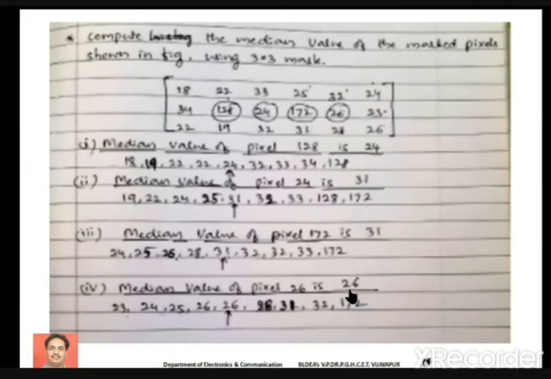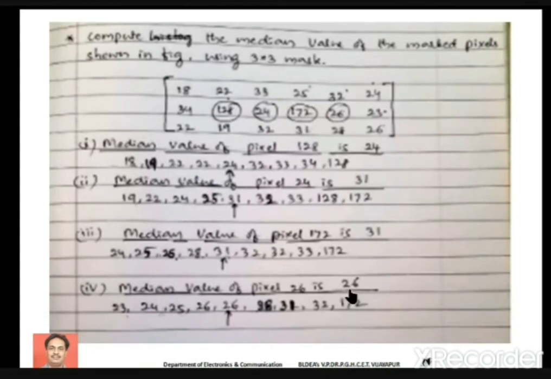Then in smoothing, we have two sets of filters: smoothing linear filters and smoothing non-linear filters. In smoothing linear filters, we have two types of masks. One is the averaging filter, which is also called the mean filter, and second we have the weighted averaging filter.